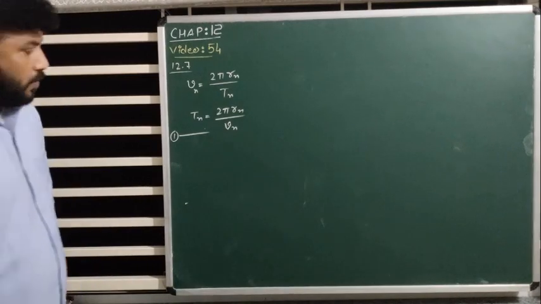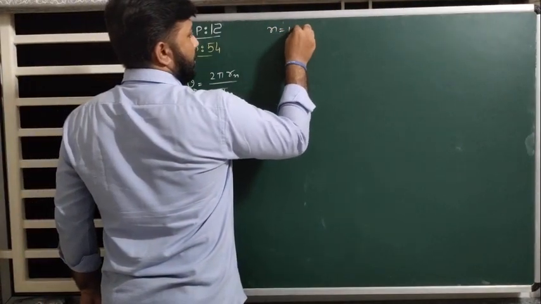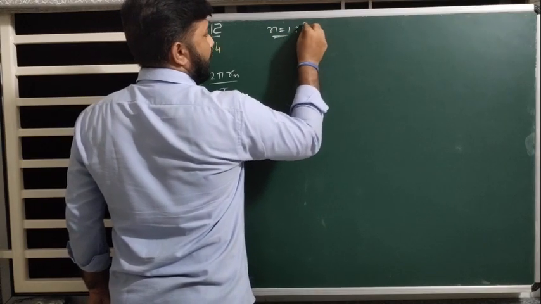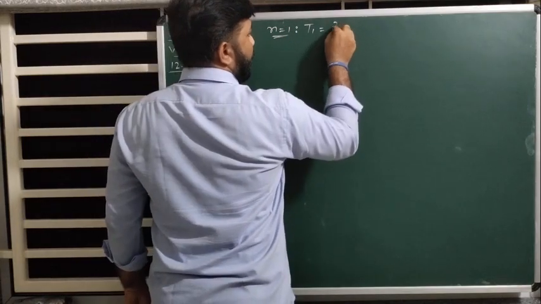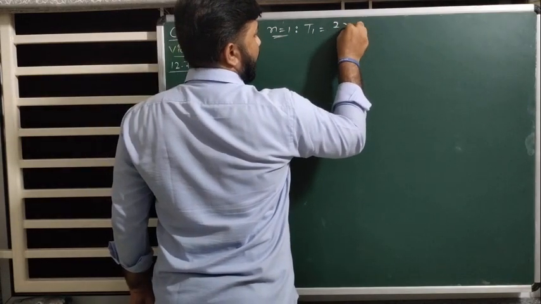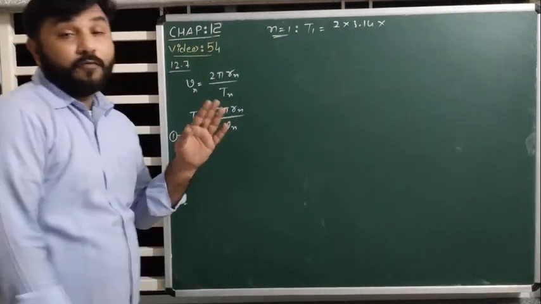Okay, so for n is equal to 1, you will get T1 is equal to 2 multiplied by 3.14 multiplied by r. What is r?